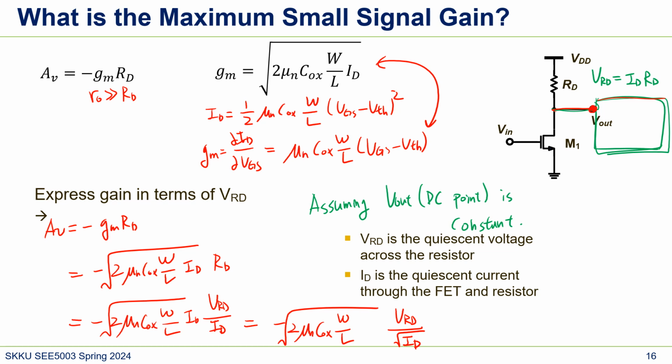Again, the condition here is that everything is constant. This is just a design variable. So here, the maximum gain I'm talking about is when this M1 has a constant size. So what we can change here is only this ID.